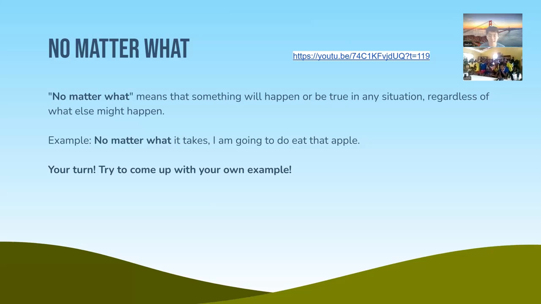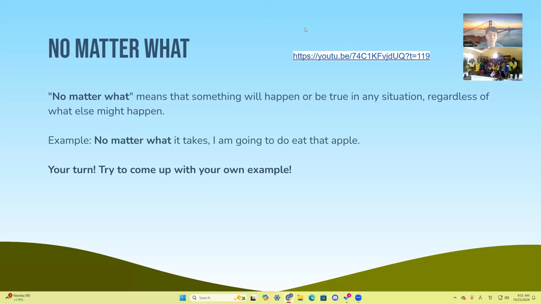If anyone wants to try that, it would be great if someone can use the phrase no matter what to make a sentence. Come closer. Anyone?